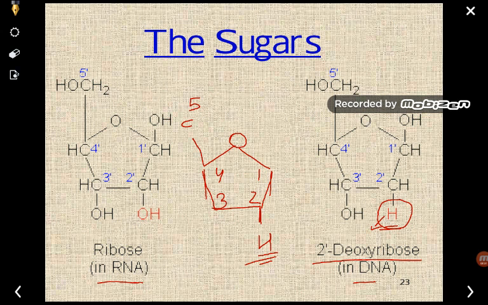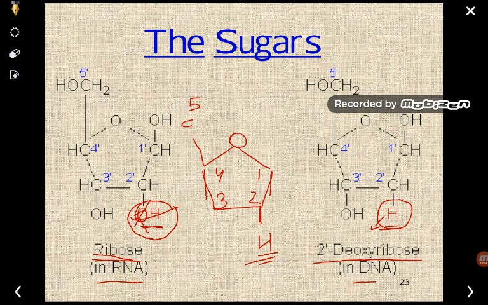In the ribose, you can find that the second position of carbon is attached with the hydroxyl group, the OH group. If you replace it with only H, then it is nothing but the deoxyribose, and if you replace it with the OH group, then it will be the ribose.